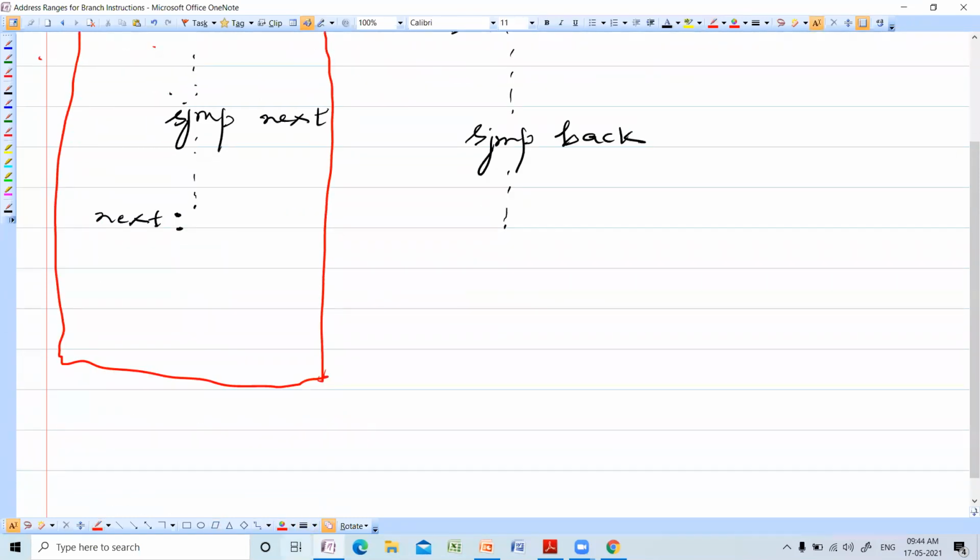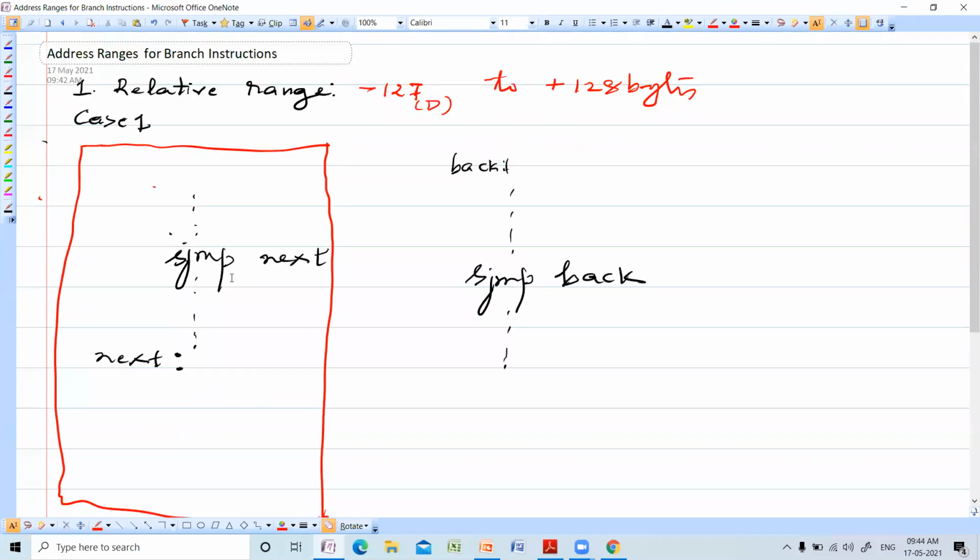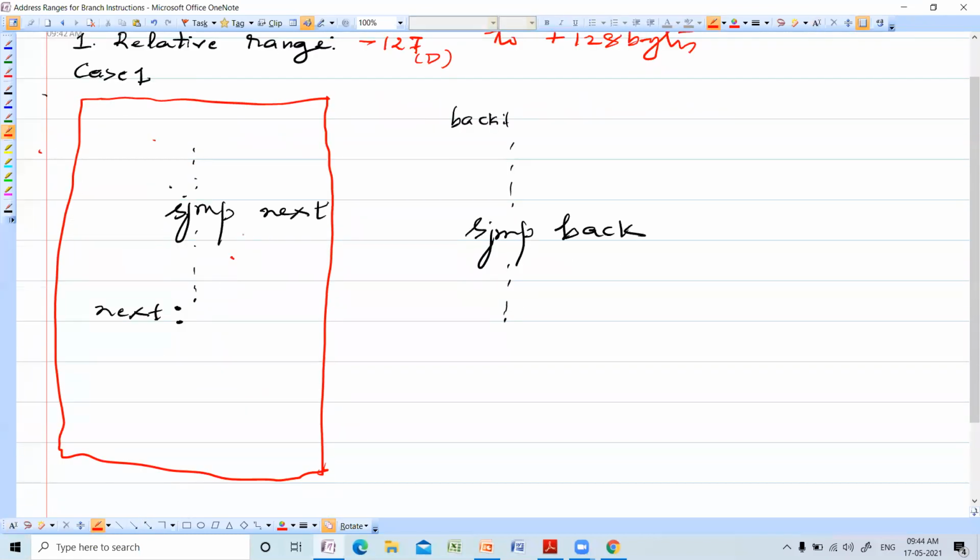What would be the maximum range, my friends? Maximum range is 256 bytes. This starts at the address 00 and ends at the address FF.